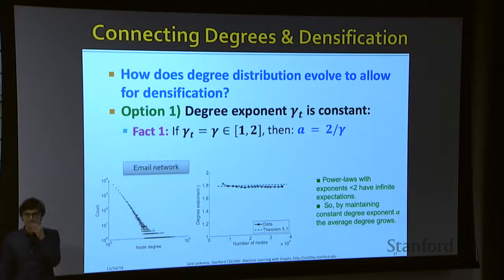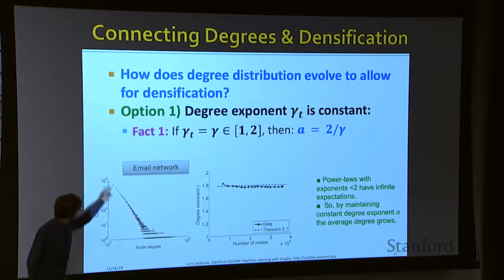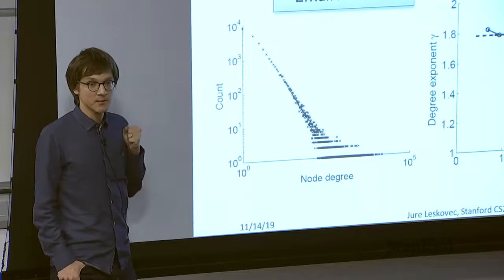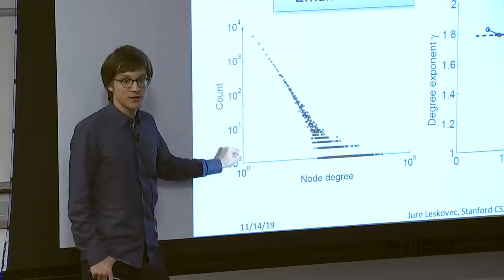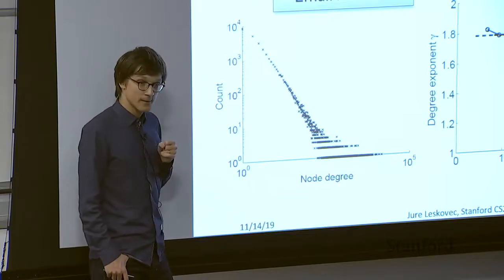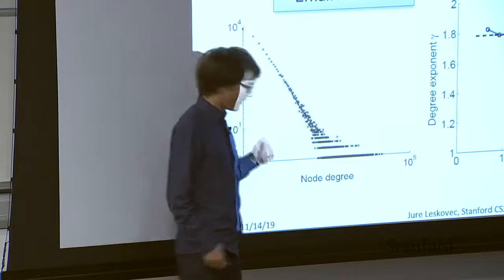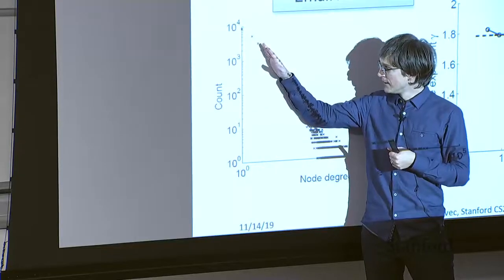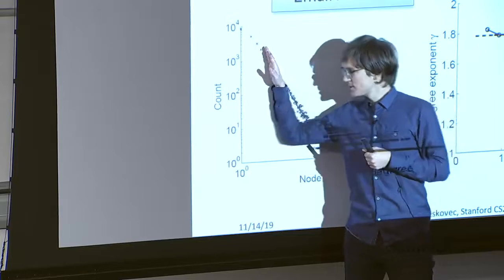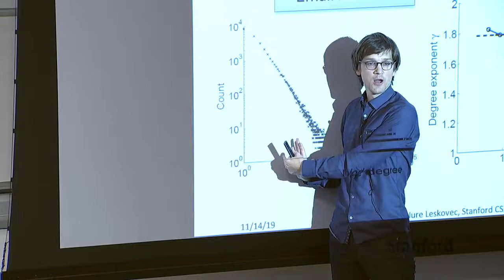Yes? What is the topological interpretation of the degree exponent? We can see it's the slope of this degree distribution, but what does this mean? So this is the node degree, and this is the number of nodes of that degree, and gamma is the slope. The way you can think of it, the bigger the slope, the less mass you have in the tail, so the fewer outliers you have.